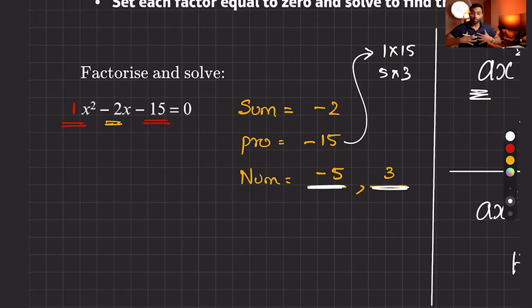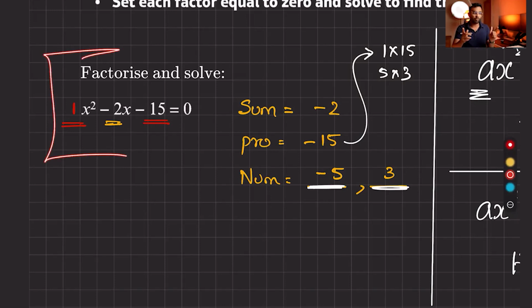Now, does anyone have any issue with me categorizing this as a simple one? Why is it in the category of simple quadratics? Can you tell me? Why is it simple? a equals 1.